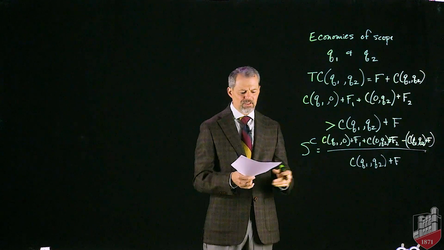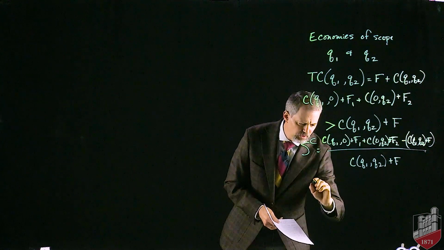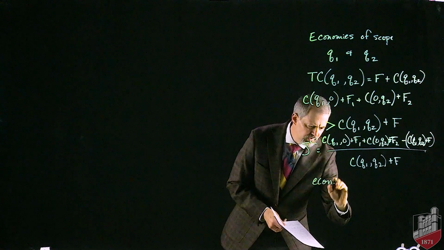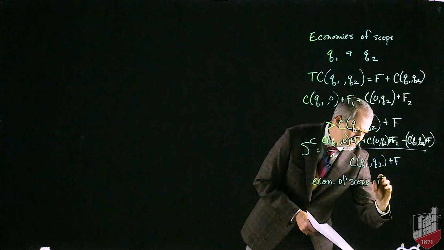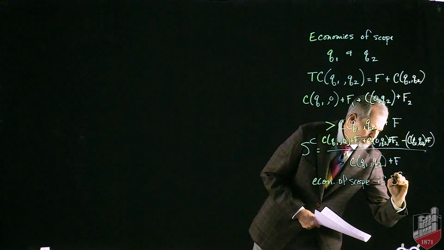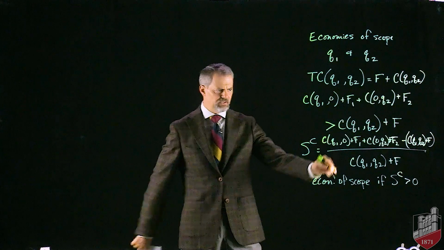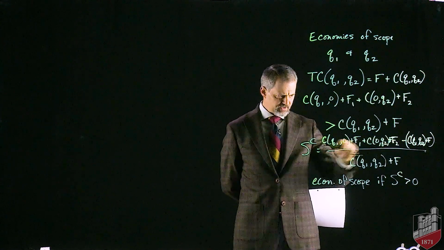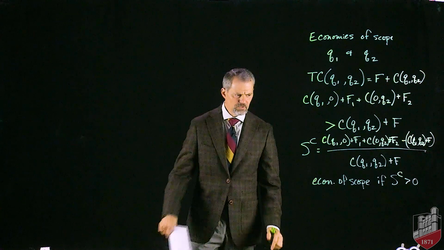Economies of scope exist if SC is greater than 0. So economies of scope if this thing is greater than 0. That simply means that the cost of producing them separately is greater than the cost of producing them together.